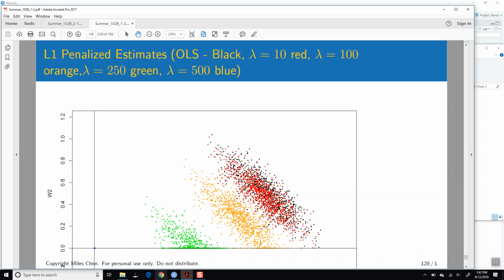And so we can use the lasso as a way to perform variable subset selection without needing to use your classical methods. The classical methods were things like forward and backward stepwise selection and things like that.